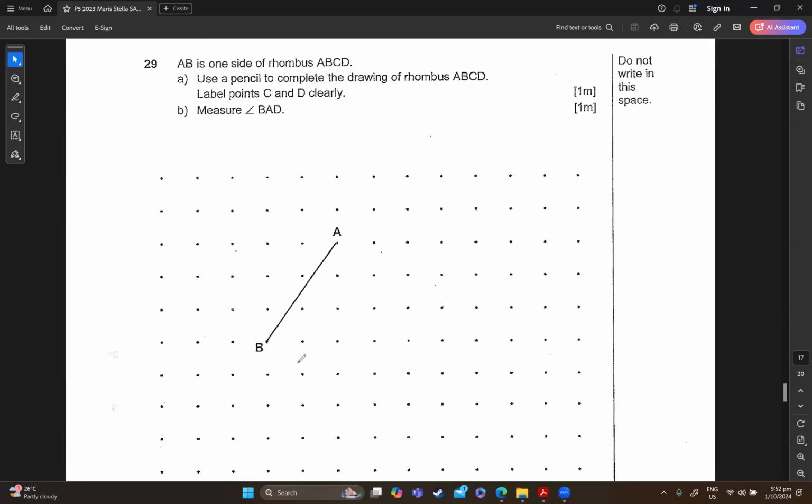So how does B travel to A? It goes 1 unit up here, 2 units, and 1, 2, 3.